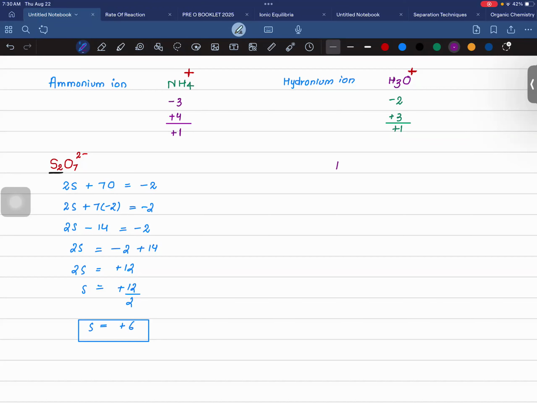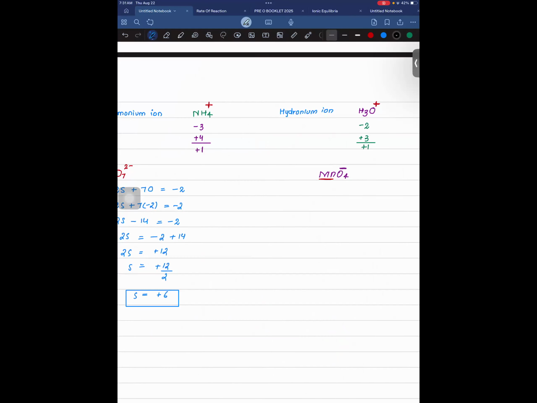Okay. Can you tell me this? The charge on Mn in MnO4 minus. +7.